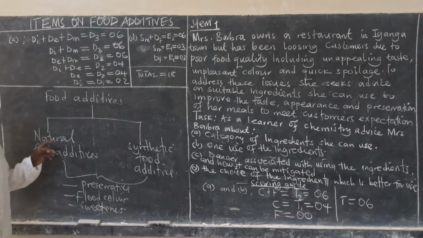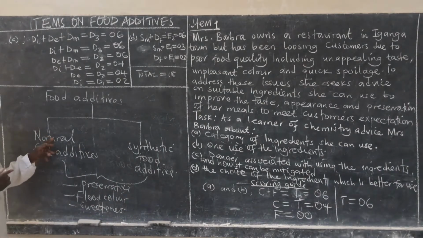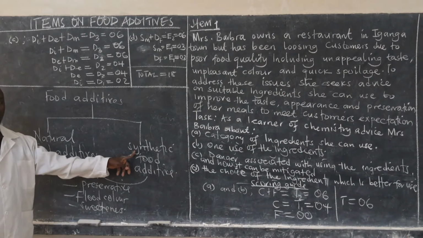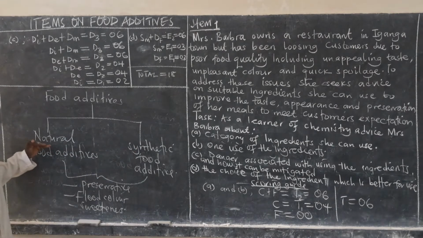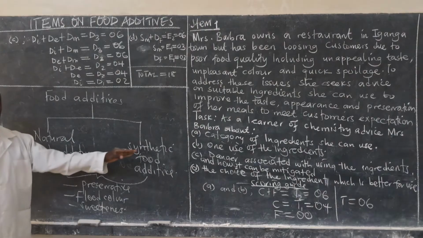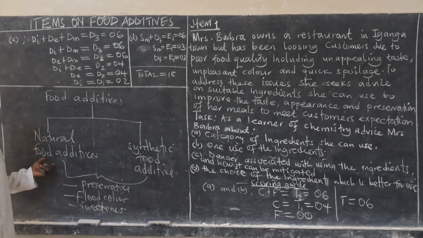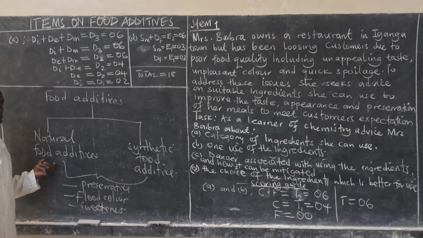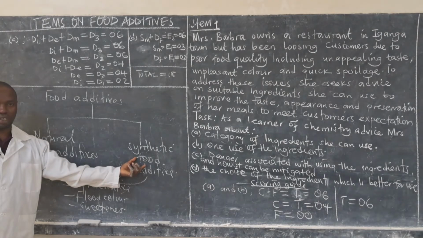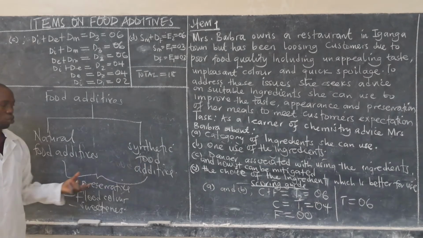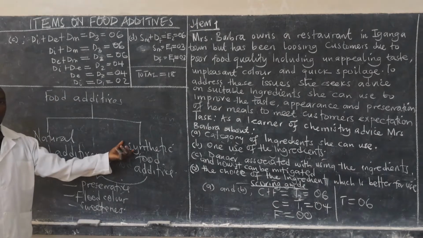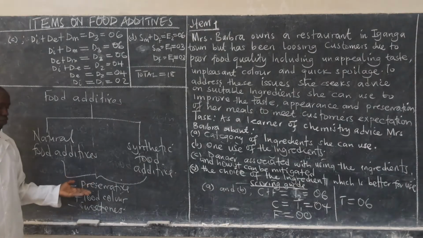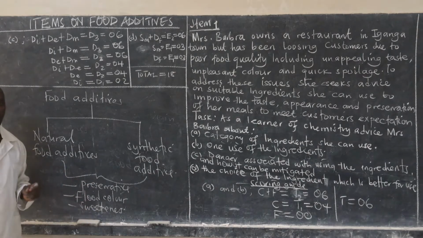For example, you can have a sweetener such as honey, then you have a sweetener synthetically made such as sucralose. So a sweetener can be natural and a sweetener can be synthetic. You can have a preservative naturally obtained such as salt, then you can have a synthetic food additive which is a preservative such as sodium benzoate. So we can broadly say food additives can be natural or synthetic, which can be further split into preservatives, food colors, and sweeteners to be more specific.